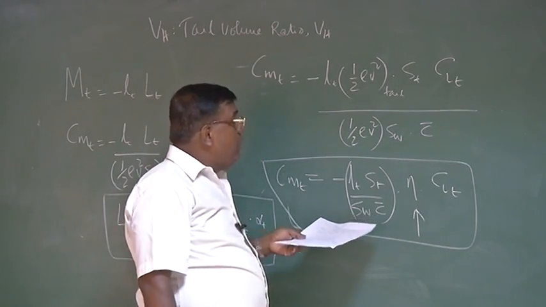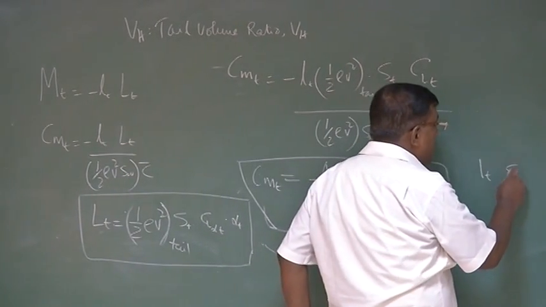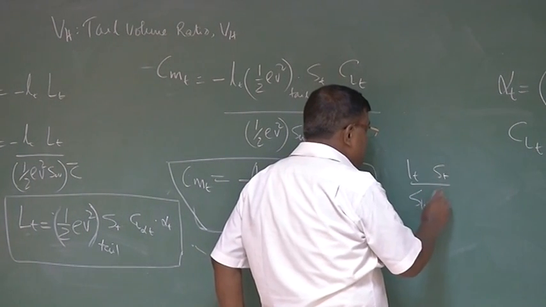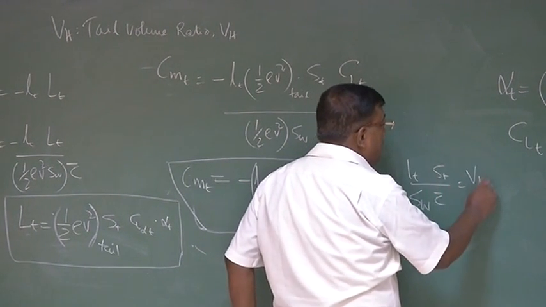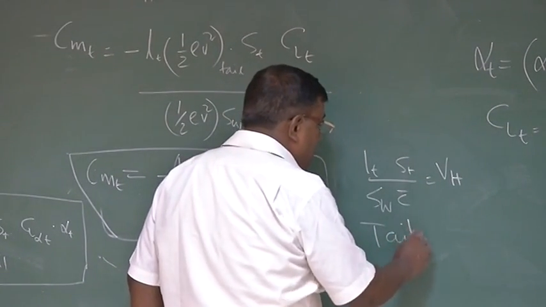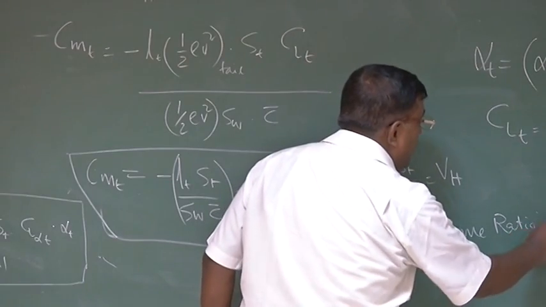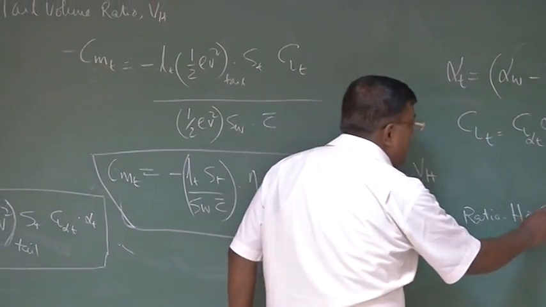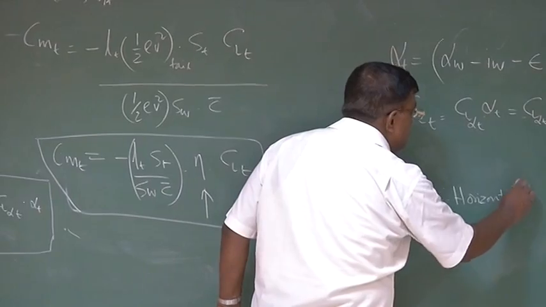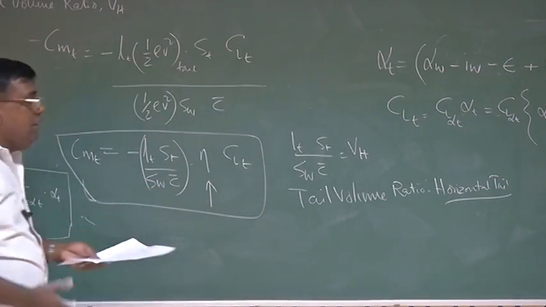And the magnitude of static stability will depend upon this ratio LT ST by SW C bar, which is also called the tail volume ratio, or horizontal tail volume ratio. This is for the horizontal tail. You could very easily see that.